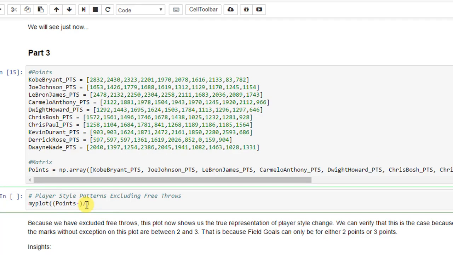Points minus free throws. So we discount the 1 point for free throws from the points, and then divide by the field goals. All right, so that's it.